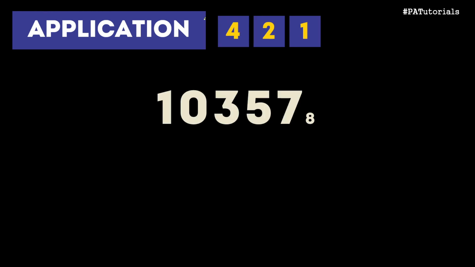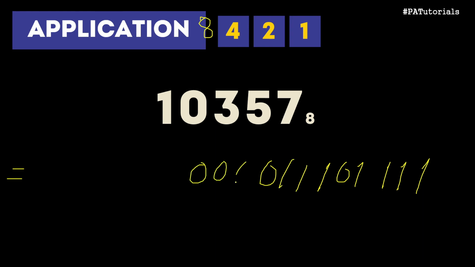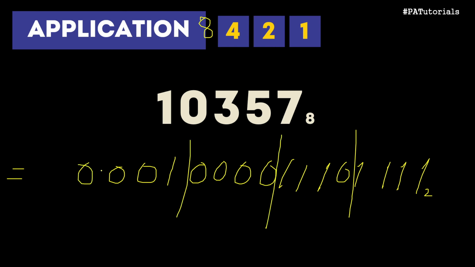Okay? Now, for our last example, in here, we have 10357 base 8. This would be 1, 1, 1, 1, 0, 1, 0, 1, 1, and then 0, 0, 0, and then 0, 0, 1, base 2. So, hatiin natin 1, 2, 3, 4, 1, 2, 3, 4, 1, 2, 3, 4, 1, 2, 3, then 4.